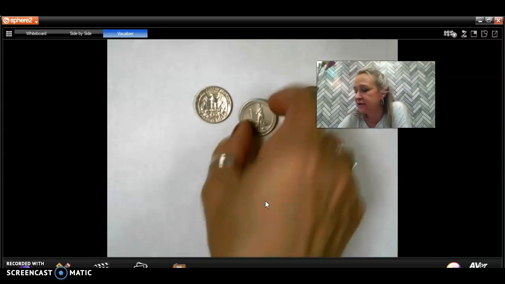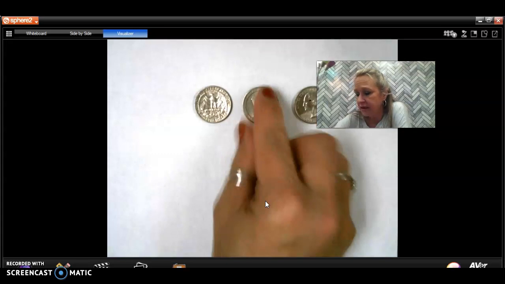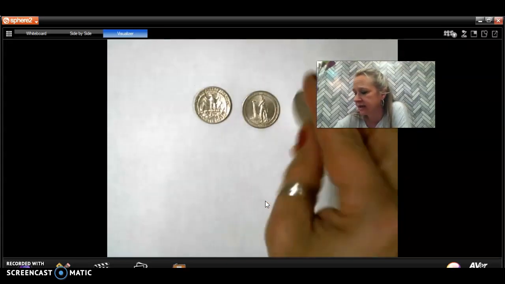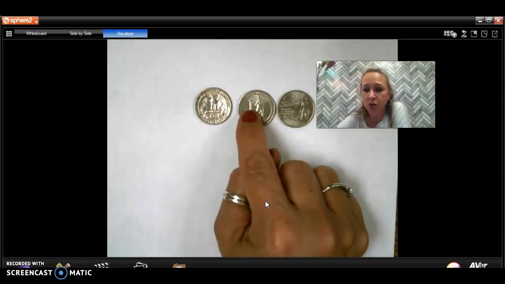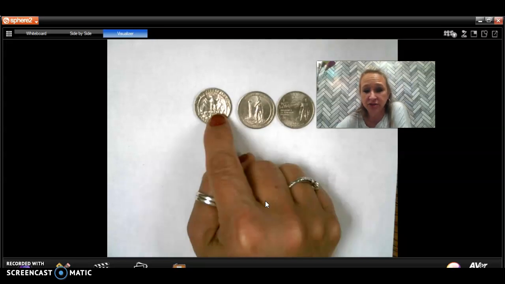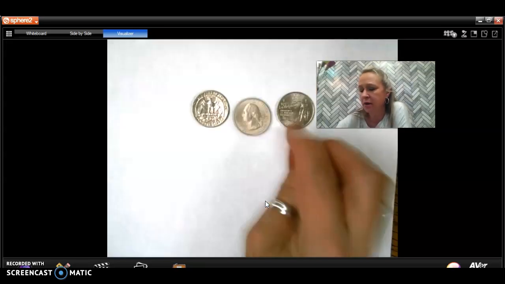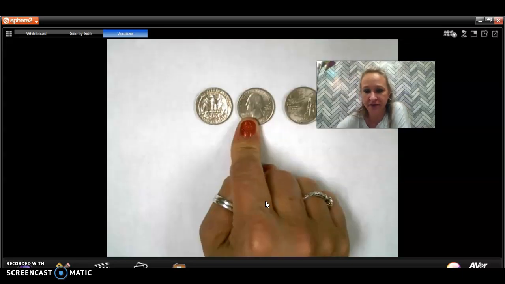So there's different states on the back of other quarters. This one is a different state. This one is New Jersey, I think. Some of them still have the bald eagle, right? But they all have what? George Washington on the front.